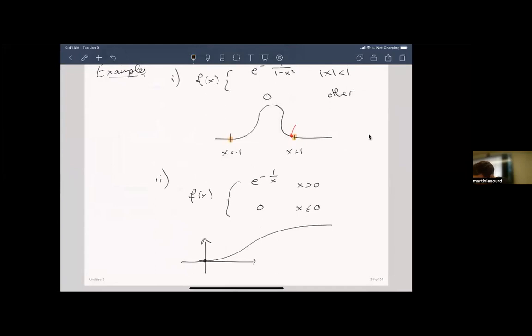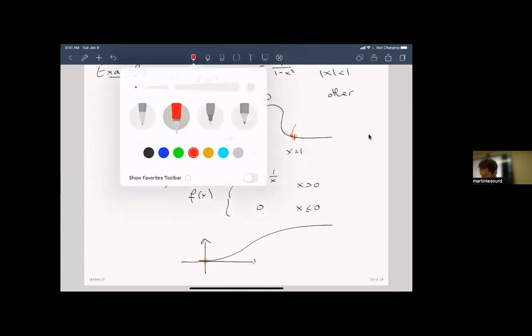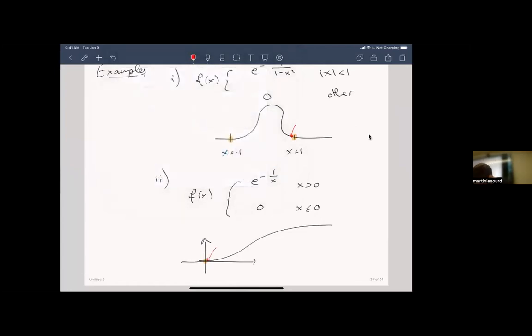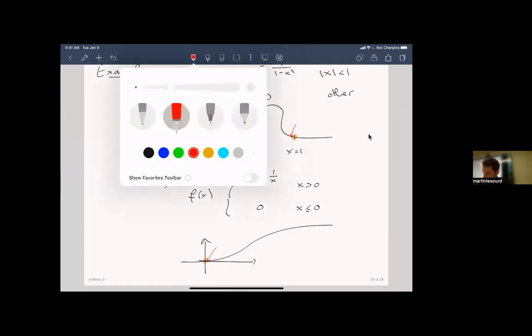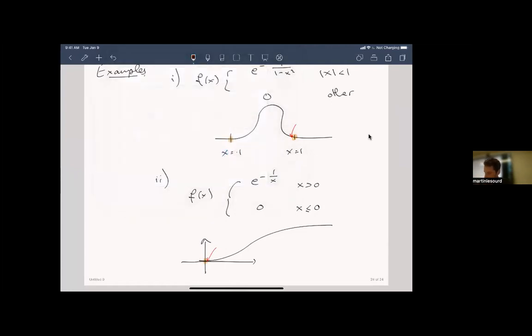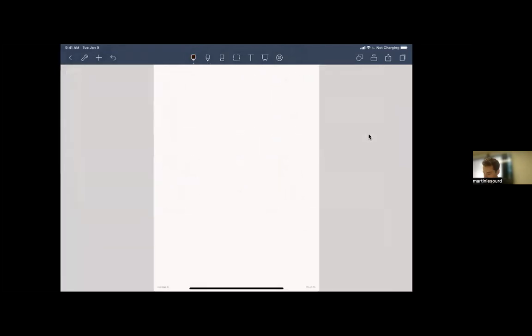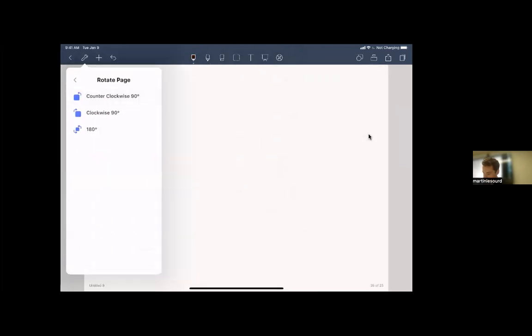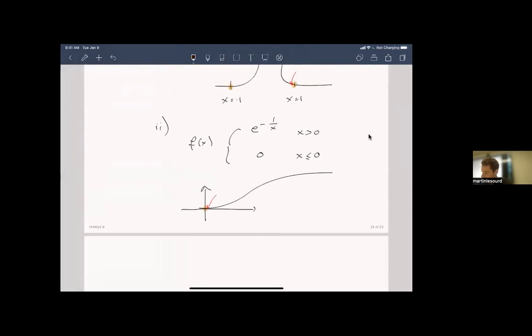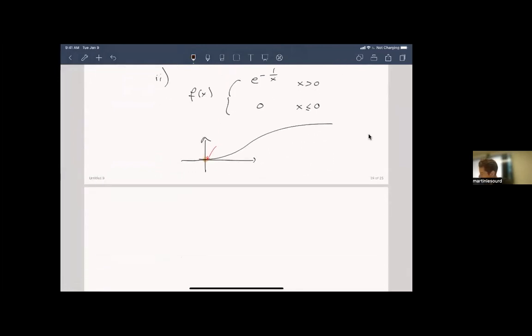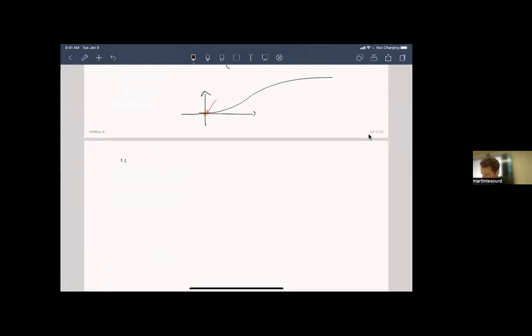So again, it's not analytic here, essentially for the same reason. Again, you can see it's smooth because I can differentiate it all I want, but it doesn't converge to its Taylor series everywhere.